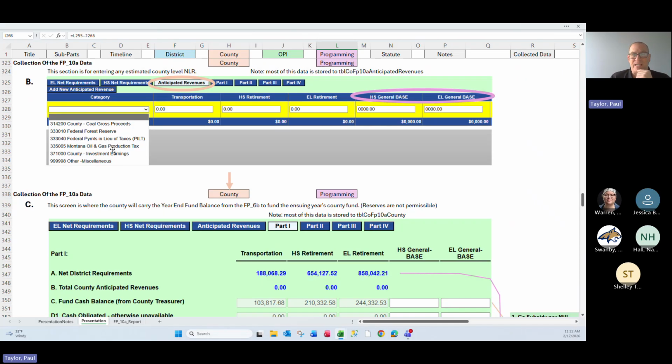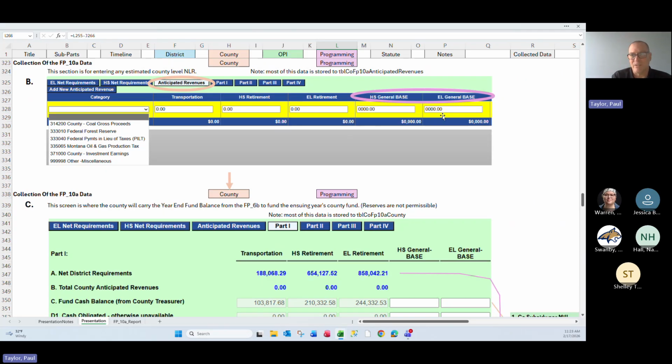What they can do is anticipate that they will receive some of these non-levy revenues and apply them against the total requirements of all the districts in their county, to pay down the requirement amount so that the county levies fewer mills to the taxpayers. Of course, just like districts know, when you anticipate receiving a non-levy revenue and it doesn't materialize, you could end up with a revenue shortfall.